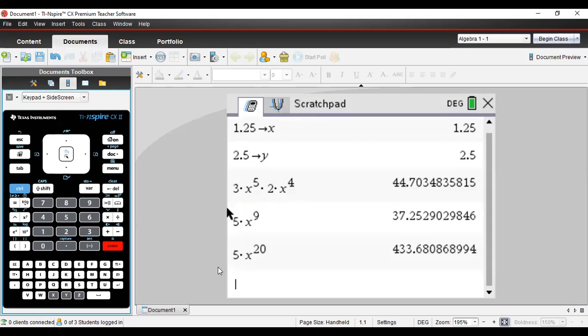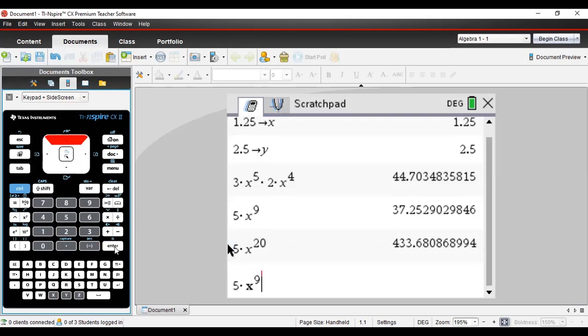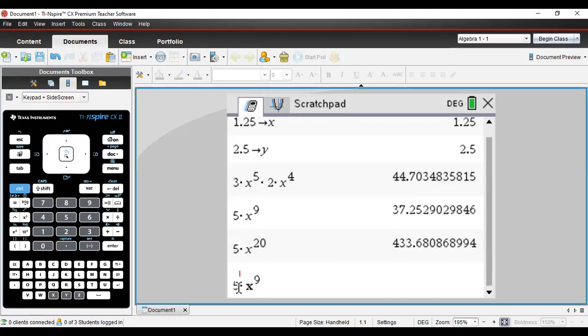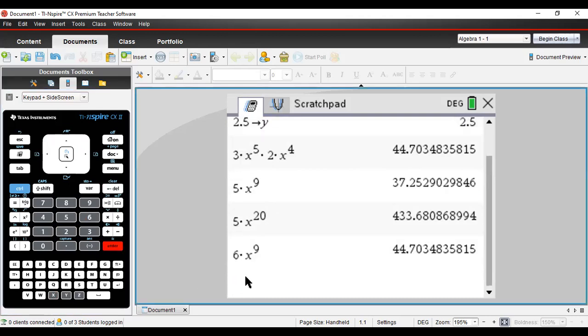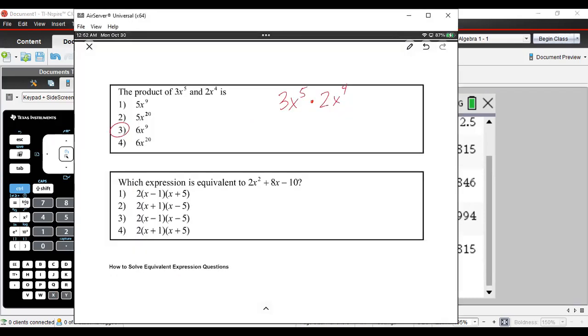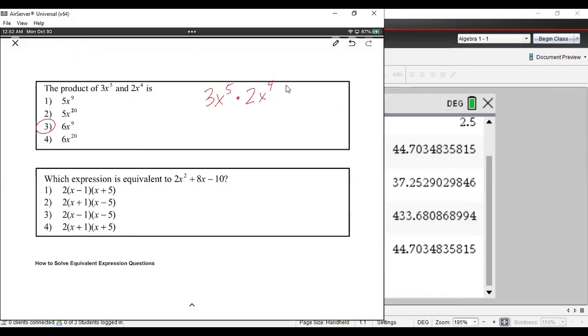And then I press enter. That doesn't match. And then I'm just going to copy it and change that to 6. And that's what matches. So that's my answer. So I would go to my answer sheet and I would solve it. Now, the test makers, and I don't care how you get your answer as long as you get the right answer. All right, so that's what we're doing.